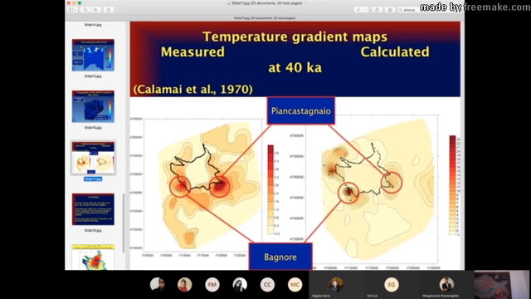Why do we think that there could be a geothermal field in this area? Because the topography of the area is the lowest around the volcano. The topography here is around 400 meters, 600 meters on the lava flows, while at Bagnore and at Piancastagnaio it is about 800 meters.